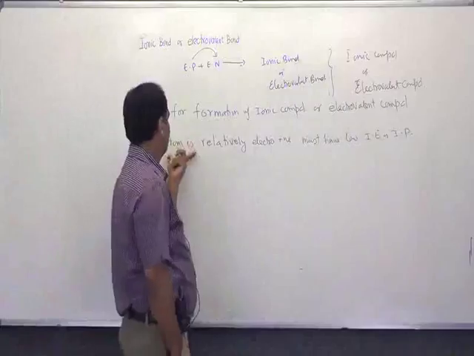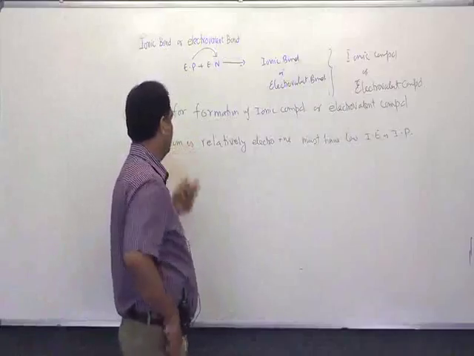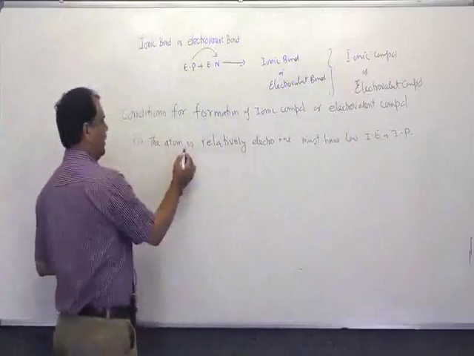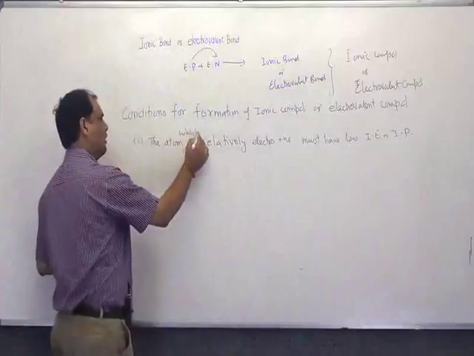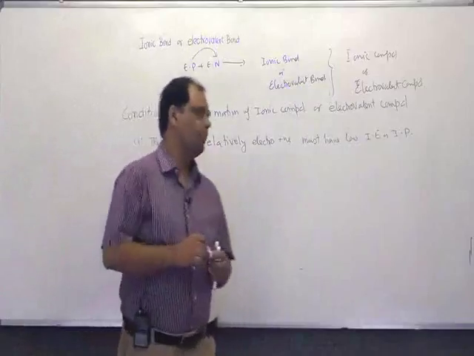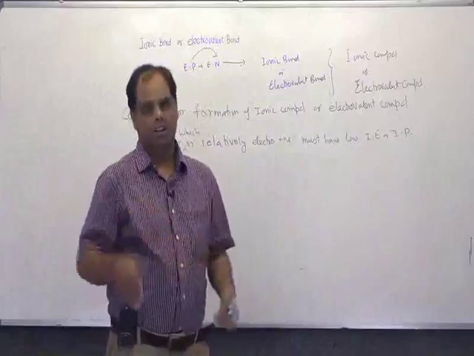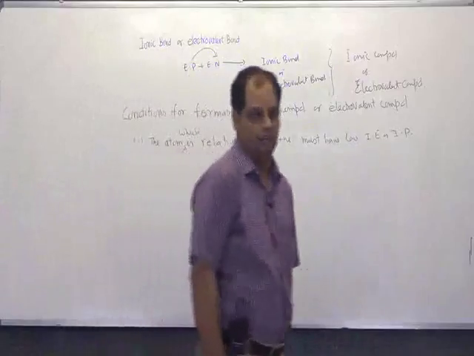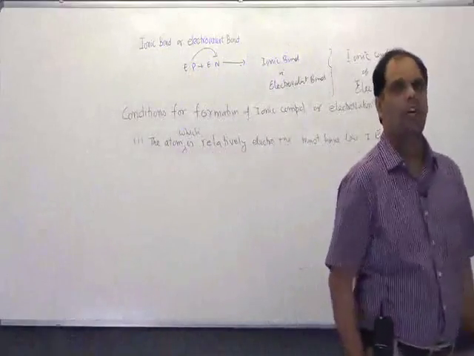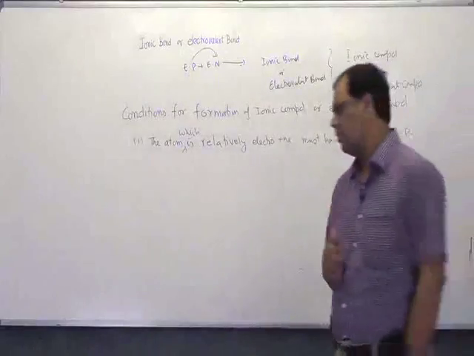The atom which is relatively electropositive must have low ionization energy or ionization potential. This condition helps in formation of cation; low ionization potential will easily generate cation.